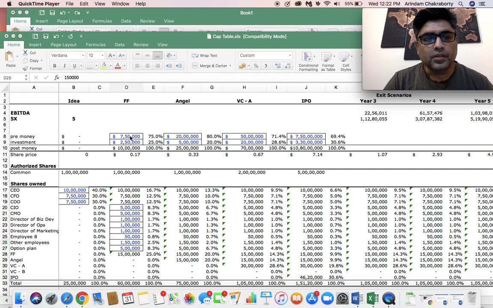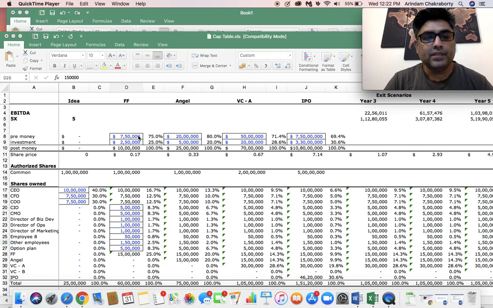So over here, as we get to see, these are the EBITDA figures. So first of all, let's start from the left. First of all, it's the idea, and then once the idea is brought into shape by, say, the CEO, CFO, and COO of the company, who have respective shareholding of 40%, 30%, and 30%, then the friends and family infuse money, right?